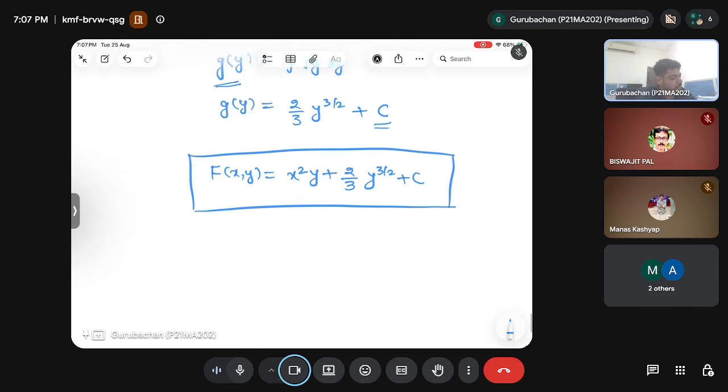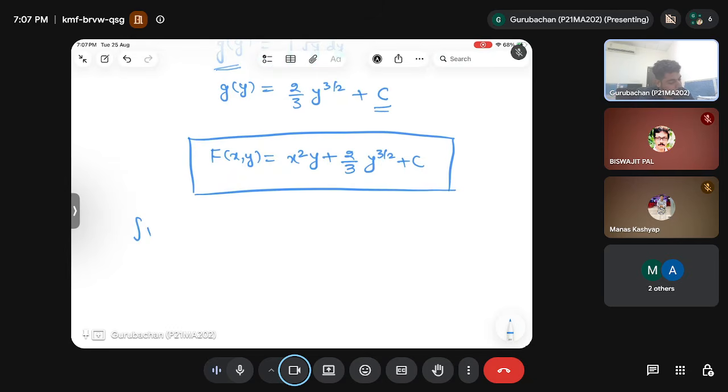This was from the traditional approach, and in general if you want to write, you can directly do this. Terms in N not containing x will be constant.